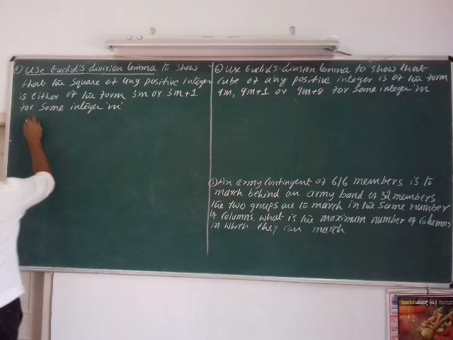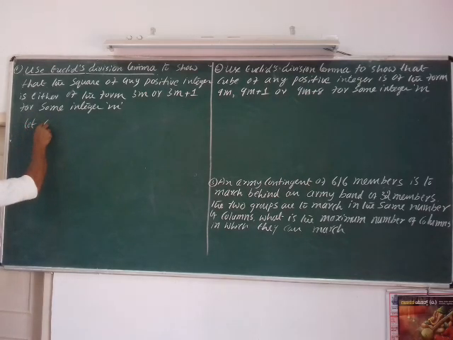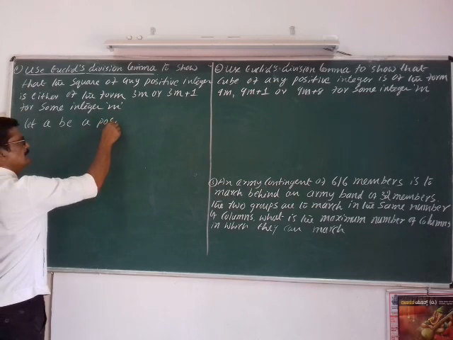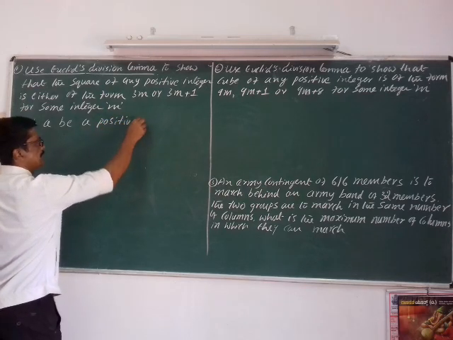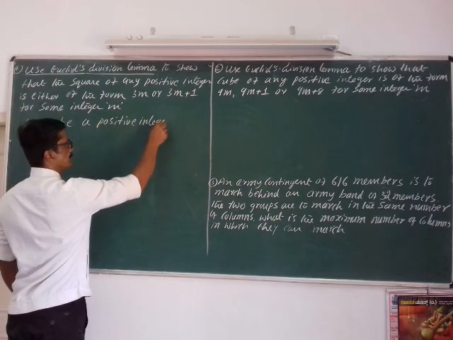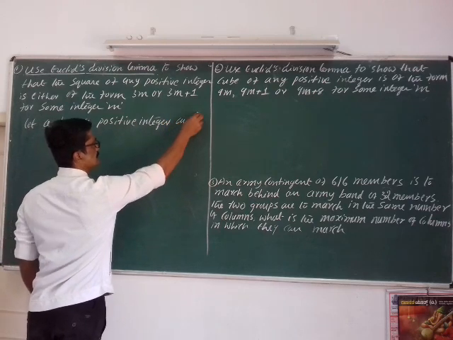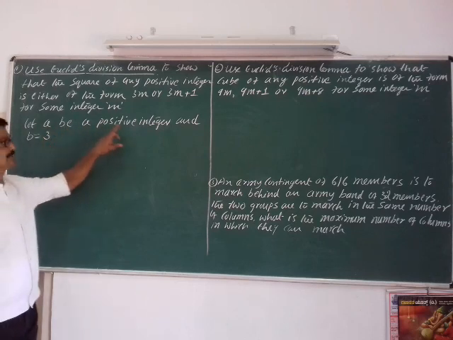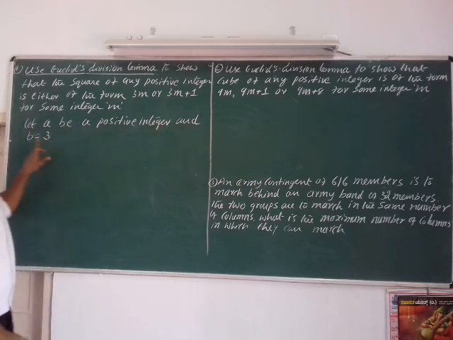Let a be a positive integer and b is equal to 3.